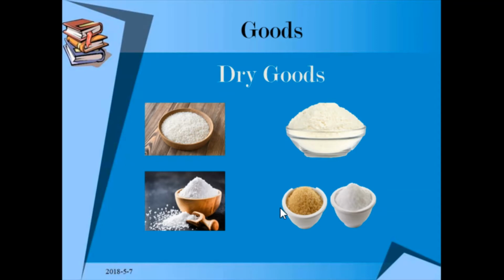Alright, what are examples of dry goods? We have uncooked rice, flour, salt, sugar. There are still a lot of dry goods out there. Can you name one? Okay, next time.